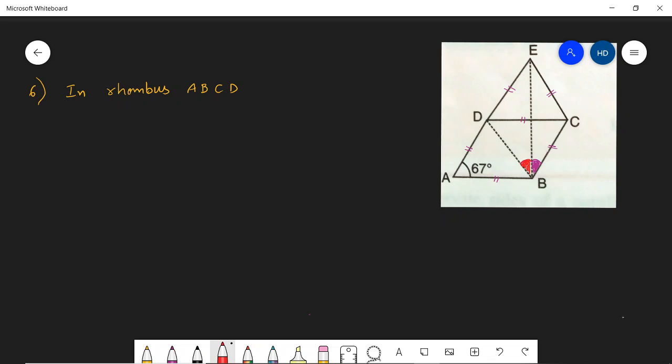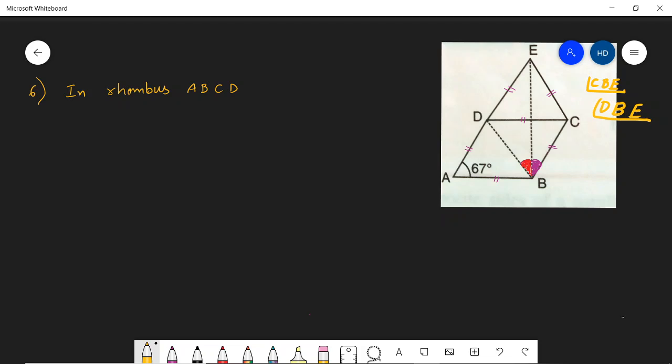So you need to find this angle and this particular angle. These two angles you are supposed to find out. This is the question, so let me make a note of it here. First one, angle CBE, and then DBE.